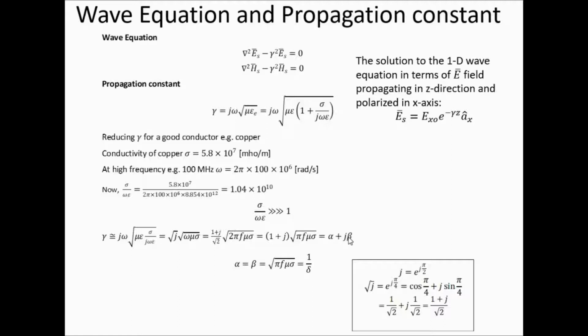Now alpha and beta have the same magnitude, that is square root of pi f mu sigma, and we substitute alpha and beta with one variable called 1 over delta. We define this delta as the skin depth. We are going to discuss skin depth in the next slide.